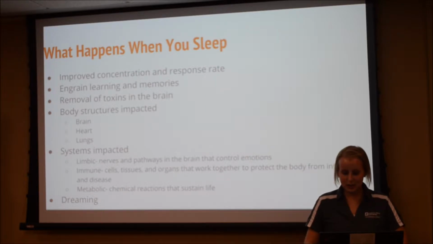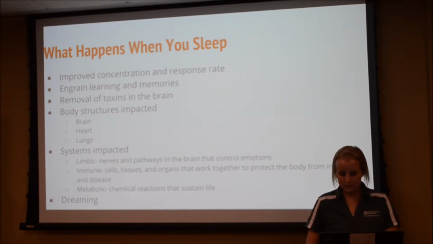The systems that are impacted during sleep are the limbic system, which is a system made up of nerves and pathways in the brain that control emotions. And the immune system is impacted, and this is the system of cells, tissues, and organs that work together to protect the body from infection and diseases.